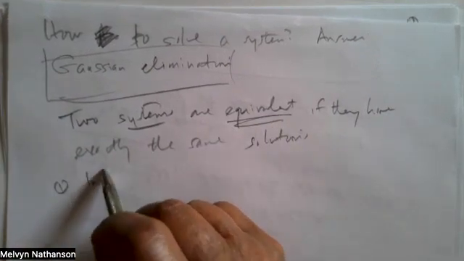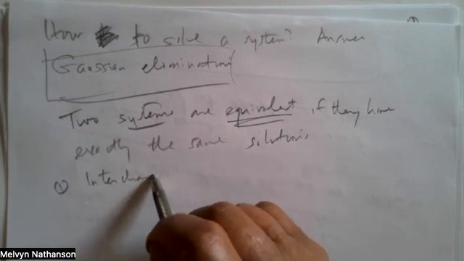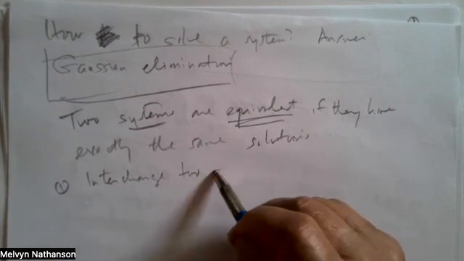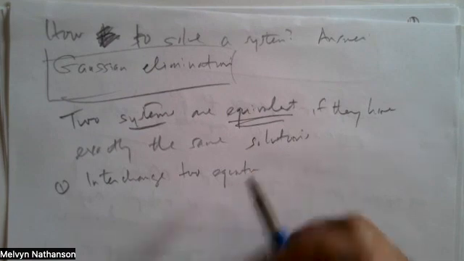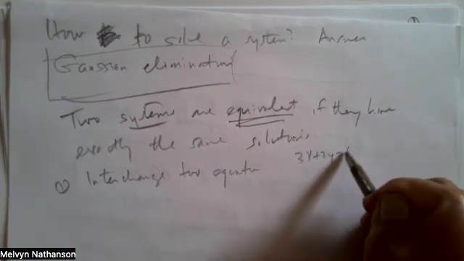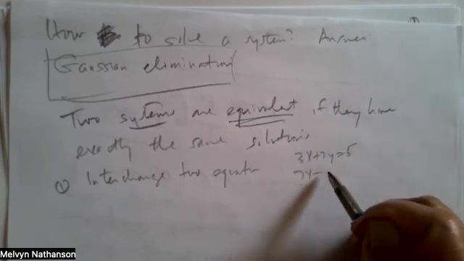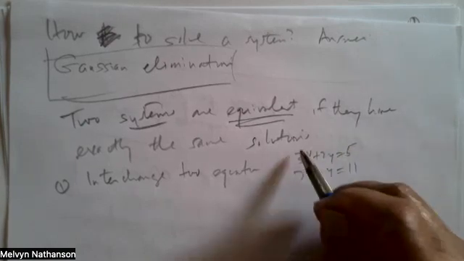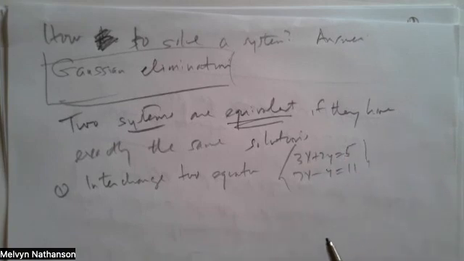So you can interchange two equations. For example, you have the system 3x plus 2y equals 5, 7x minus y equals 11. That's a system of equations.